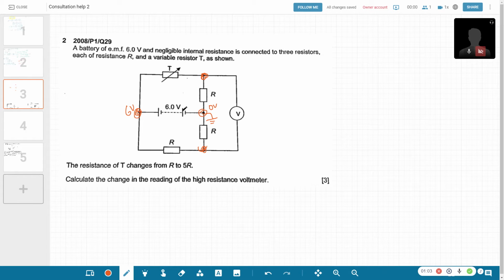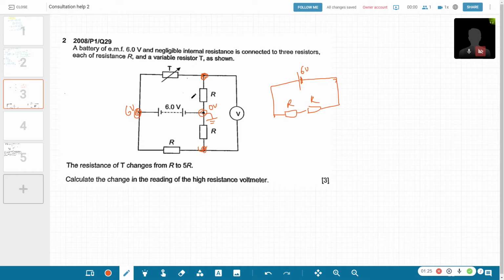You can see that the bottom part here is actually a circuit in its own right, which is parallel to the top part. So in another way, the 6 volts for the bottom part will go across R and R. That is the bottom part.